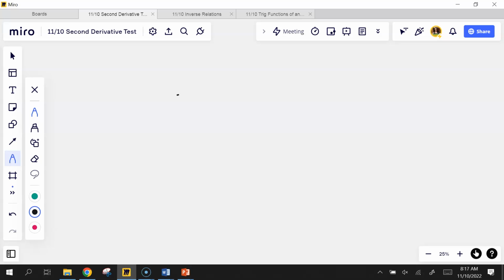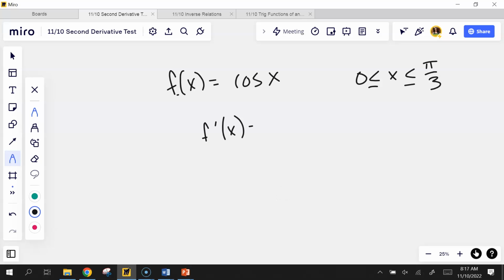Number 53, the multiple choice. Is that what you're talking about? Okay. So 53 says if f of x equals cosine x, then the mean value theorem guarantees that somewhere between 0 and pi over 3, f prime of x equals.